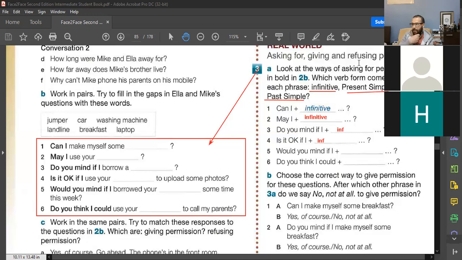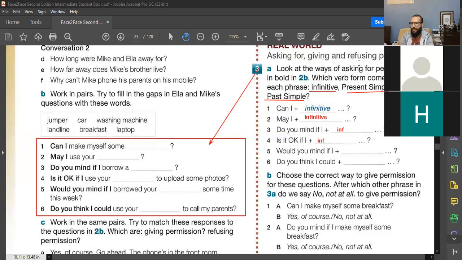But what about number 3? Do you mind if I use your phone, for example? Do you mind if he? How does it change? Maybe it stays the same.